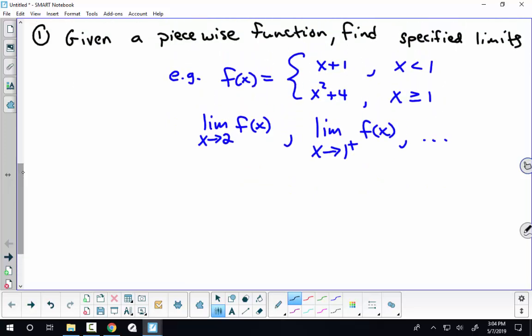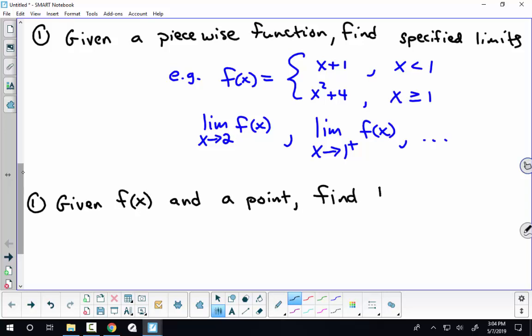You'll have one question where you have to find the equation of a tangent line at a given point.